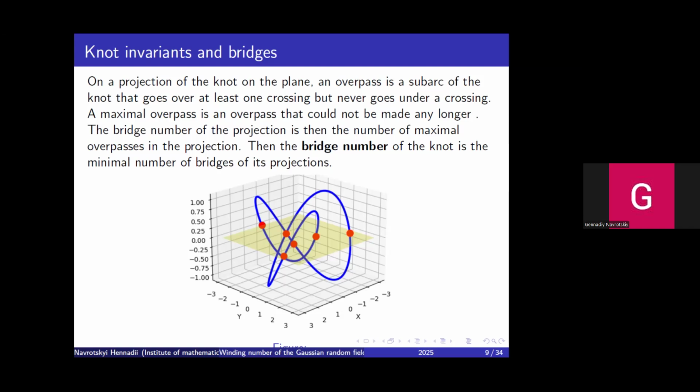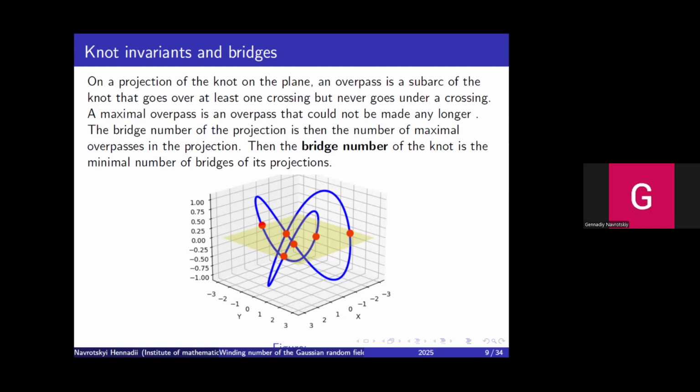The bridge number of some projection is just the number of overpasses in this projection, and then the bridge number of the knot is the minimal number of bridges over the set of all of its planar projections.